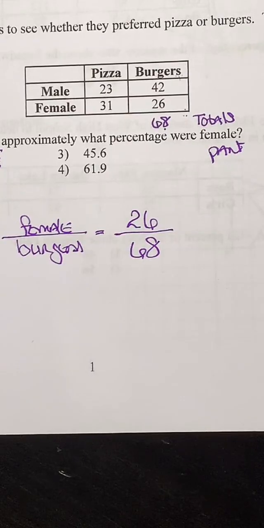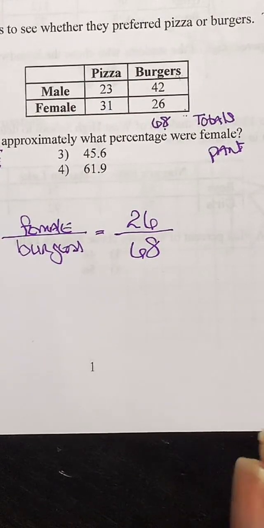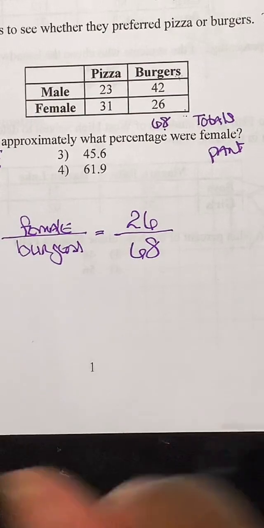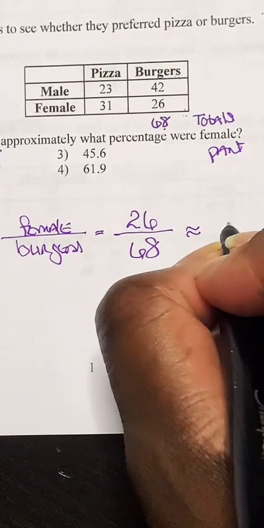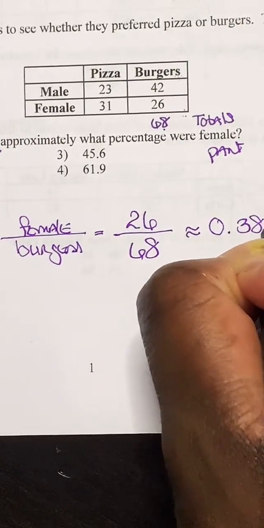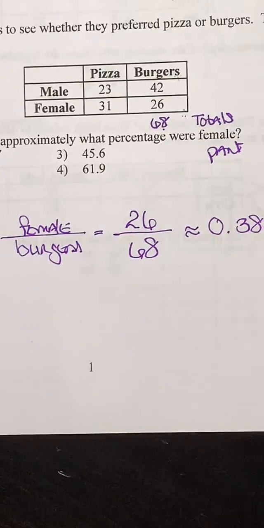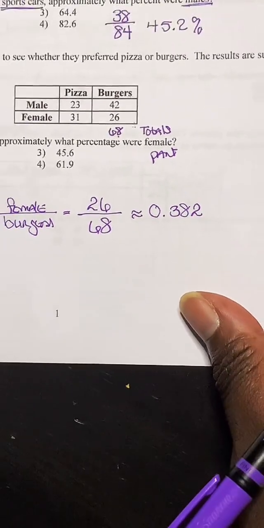So now you have 26 out of 68, which gives you 0.382. Remember, if we're going from a decimal, we have to get to a percentage.